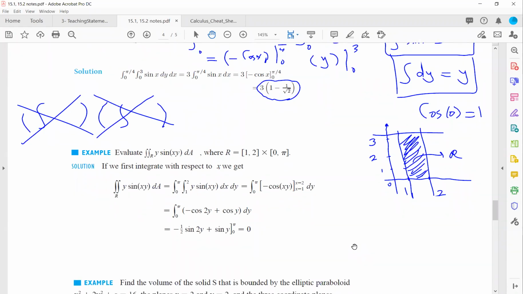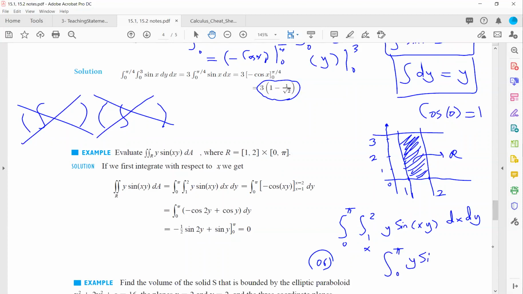Since the function is continuous, you can either take the integral 1 to 2 of y sine xy, then take the integral with respect to y, 0 to pi, so dx dy, or you can say that I want to take the integral with respect to y first, then I want to take the integral with respect to x.